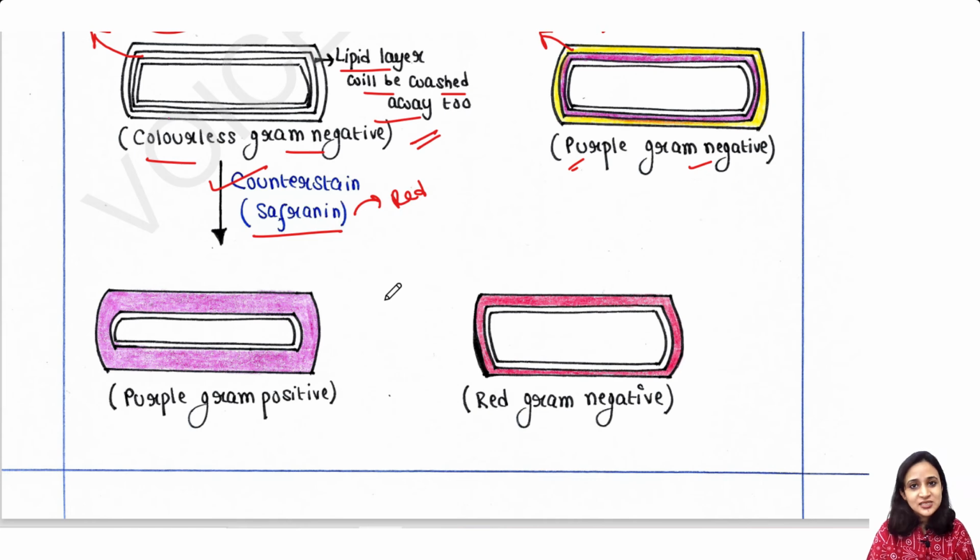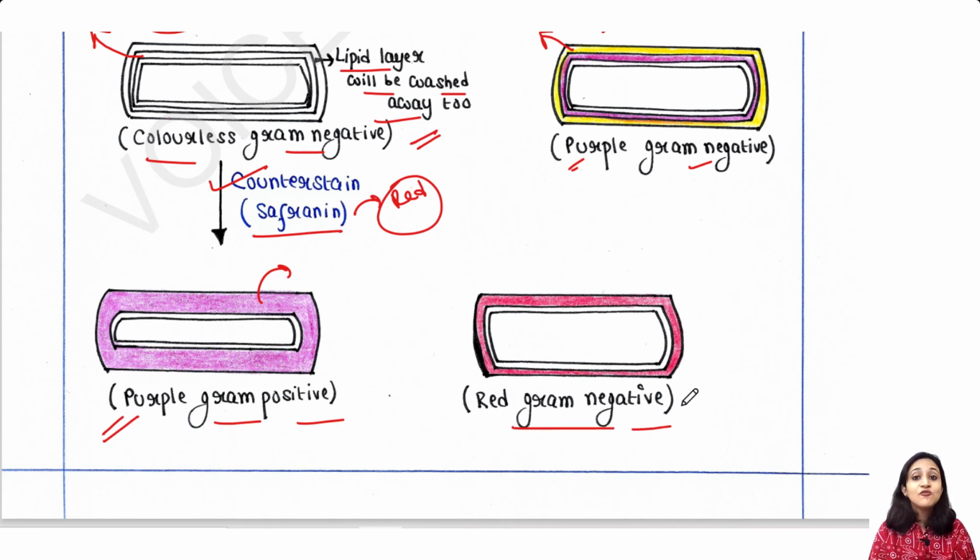Now both gram-positive and gram-negative cells will take up this safranin, but gram-positive cells already look purple. They have a very dark stain. Although they take the red safranin color, they will still look purple.